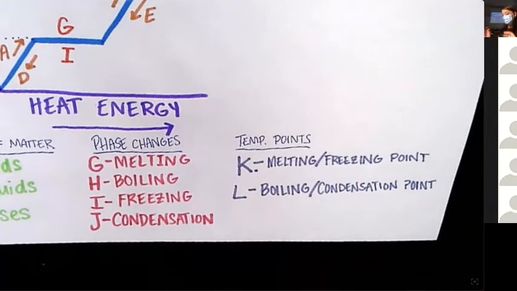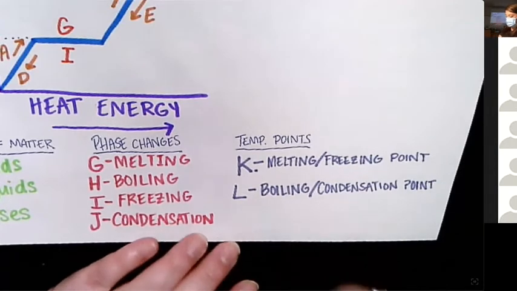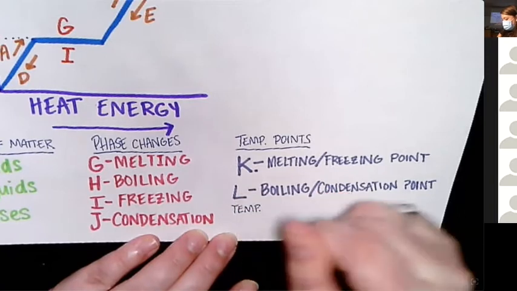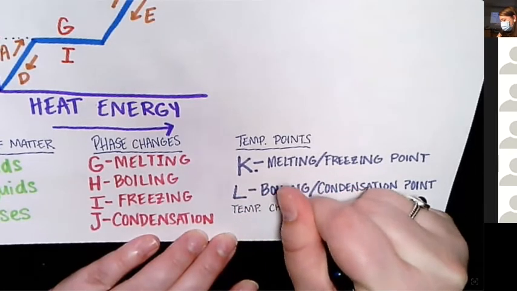The next thing is the last labels that we're doing, and then we're writing a couple of little notes that are really going to help you with your practice today. We're going to call it temperature changes.